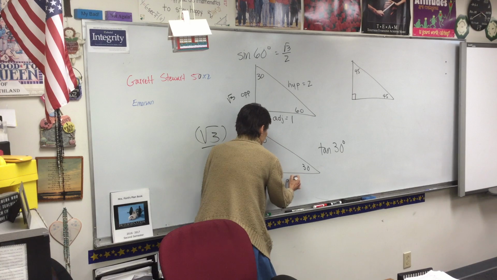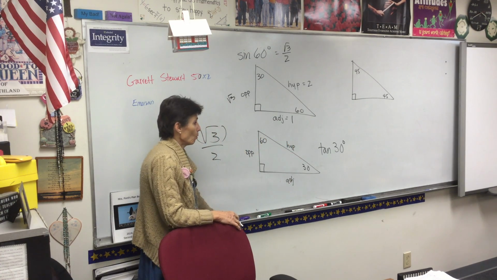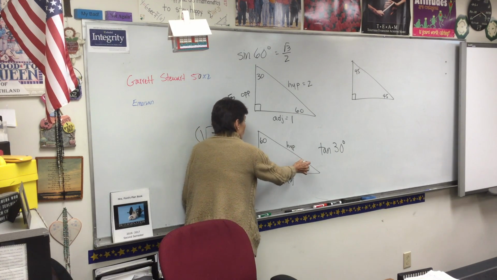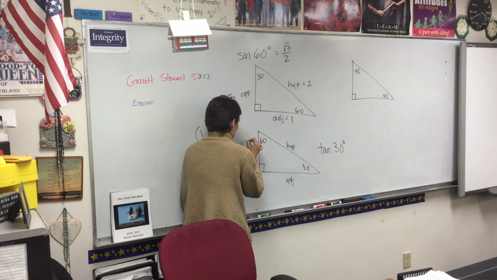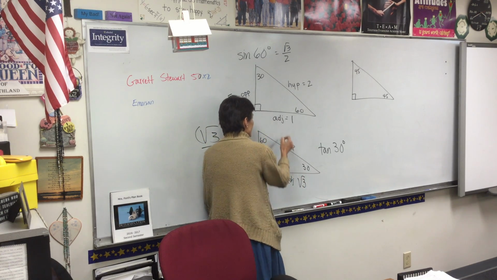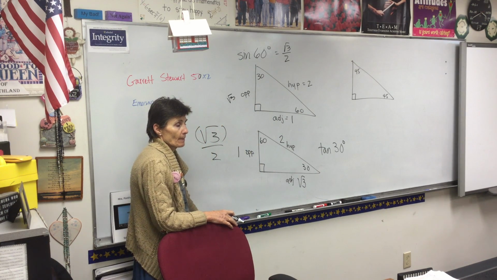This one would be adjacent, and this one's hypotenuse. Now, what are the sides of the 30, 60, 90? Across from the 30 is 1. Across from the 60 is root 3. And the hypotenuse is 2.